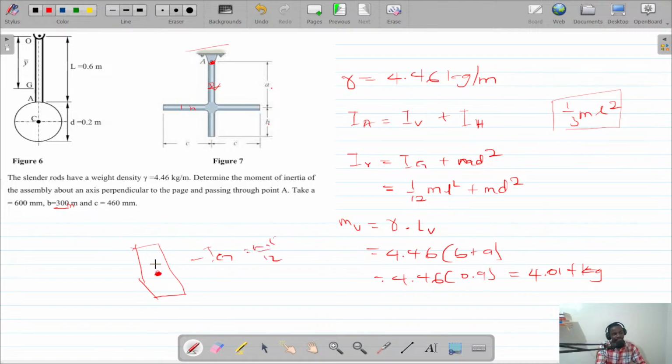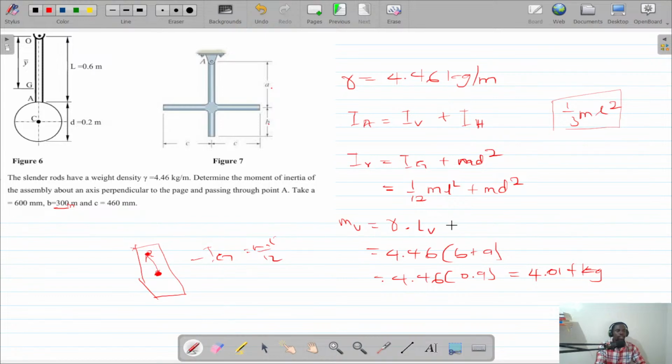But if it is about a point that is not at the center of the body, then you need to apply the parallel axis theorem. So A is not at the center of the vertical rod nor the horizontal rod, so both of them will involve the parallel axis theorem. That's what I mean by A not coinciding with any of their centers. I hope that is clear.